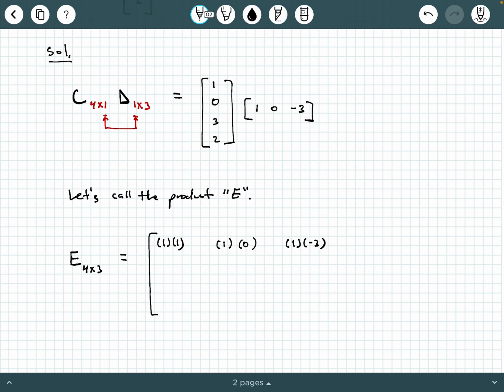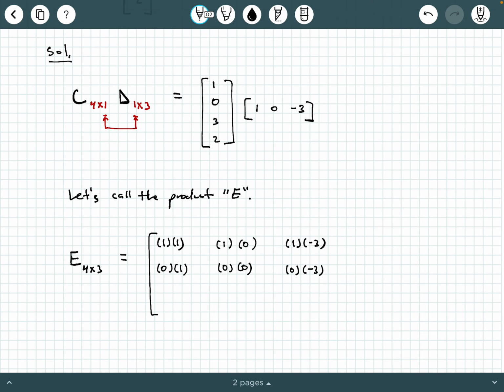Move on down. We're going to say the second row of the left matrix times the first column of the right matrix. So that's going to be 0 times 1. Next, we're going to do row 2, column 2. That's the 2, 2 entry, 0 by 0. Row 2, column 3, 0 by negative 3.